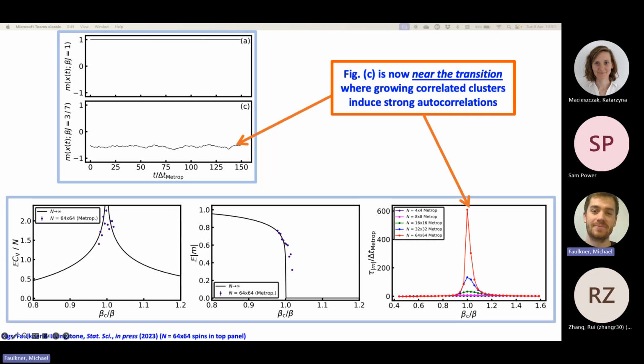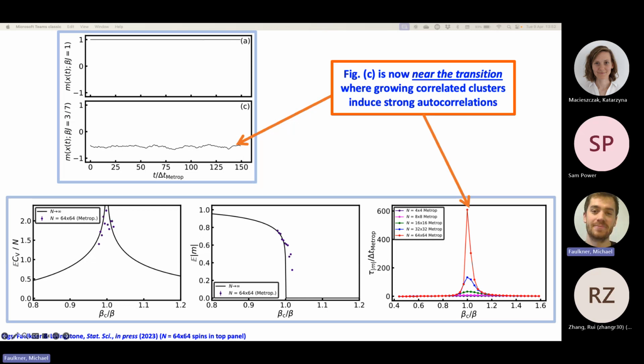And this behavior leads to strong autocorrelations, which mean that it's impossible to generate independent samples of your target distribution. So you get very noisy estimates of both the expected potential variance and even the expected absolute value of the magnetization.